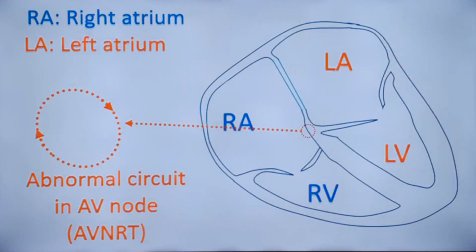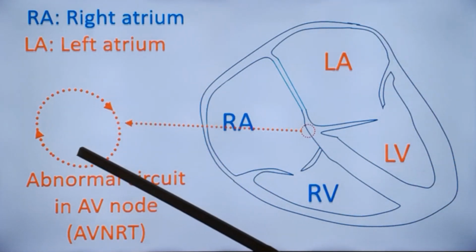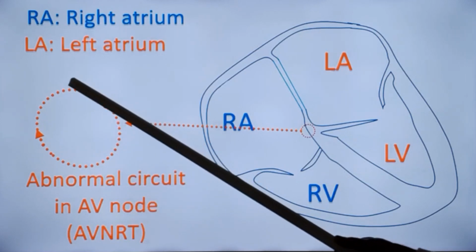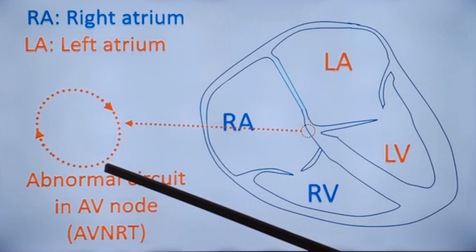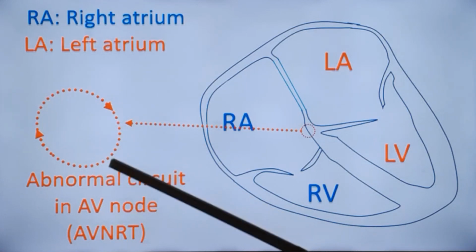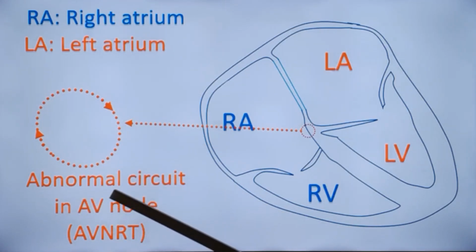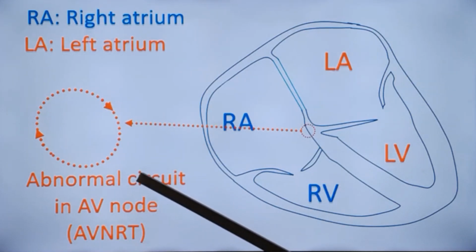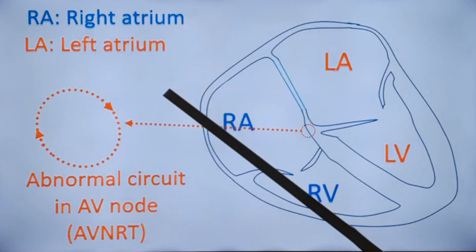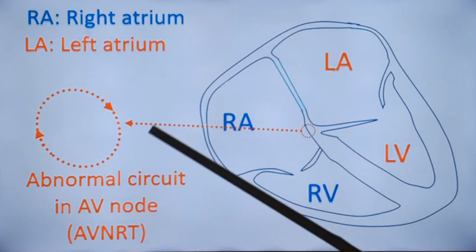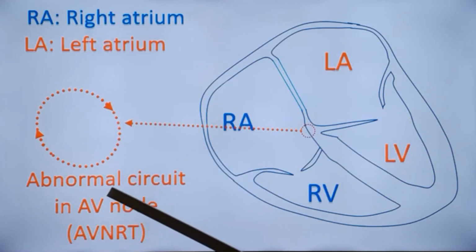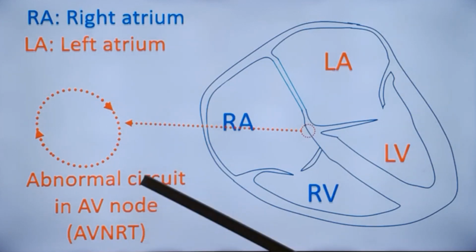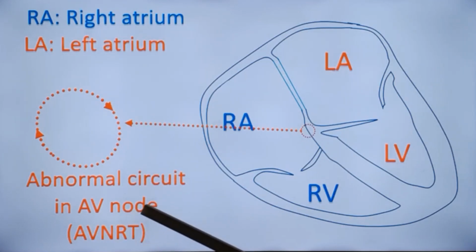And because it occurs through the slow pathway initially, there is a PR jump, because there will be slow conduction through the slow pathway, then it will manifest as a PR jump. There will be an increase in PR interval of 50 milliseconds or more compared to the previous sinus cycle. When the supraventricular ectopic occurs and initiates the tachycardia, it conducts down the slow pathway in slow-fast variety, so that the PR interval of the first beat will be longer than the previous sinus beat by at least 50 milliseconds.